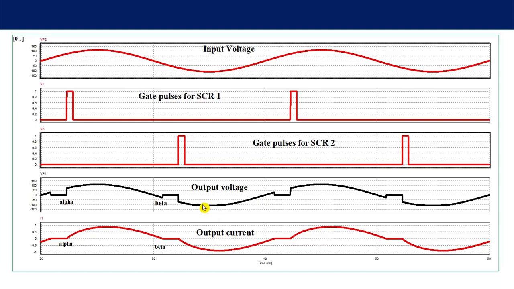That's why you are getting this output voltage and the current is now 0. So the positive current you are getting is because of thyristor number 1 and the negative current because of thyristor number 2. Then again at 2 pi plus alpha, thyristor number 1 is triggered. Then the same cycle will be repeated and you will get the output voltage following the input voltage.